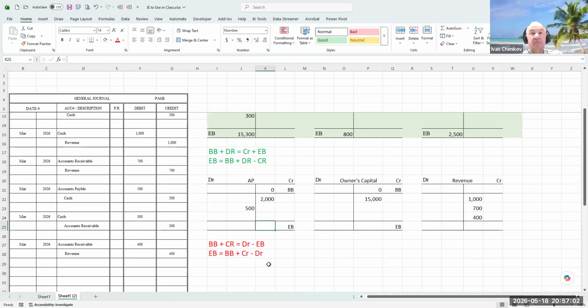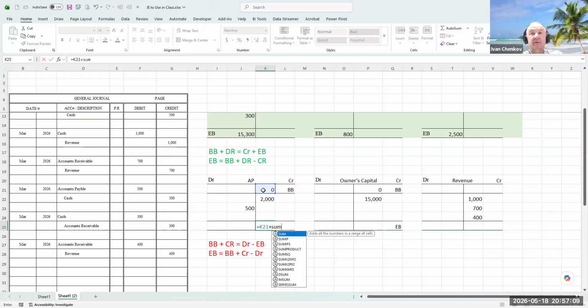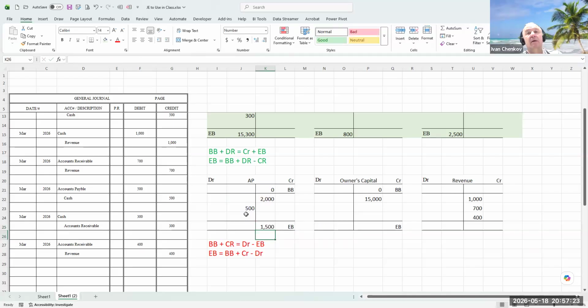So the ending balance here should be equal to the beginning balance plus bracket, sum of all the credits, close the bracket, minus sum of all the debits, close the bracket. $1,500.